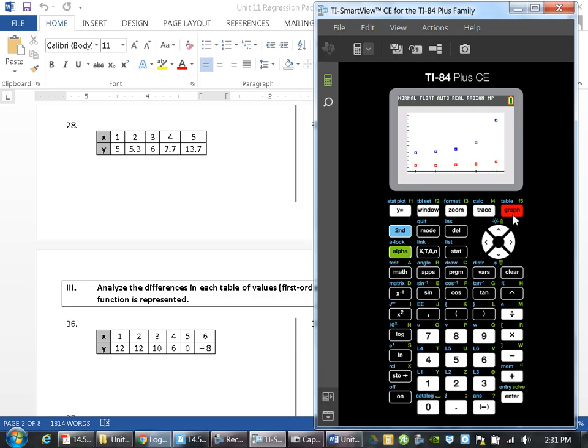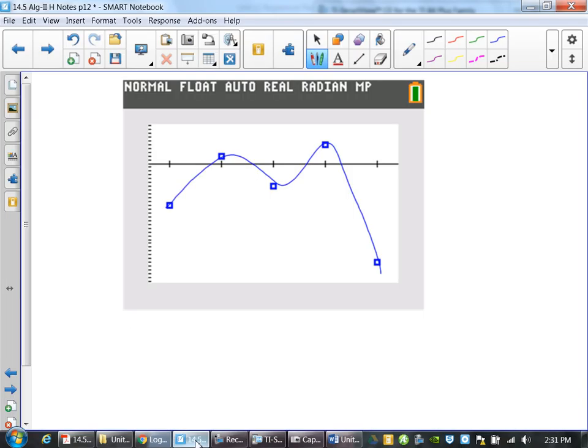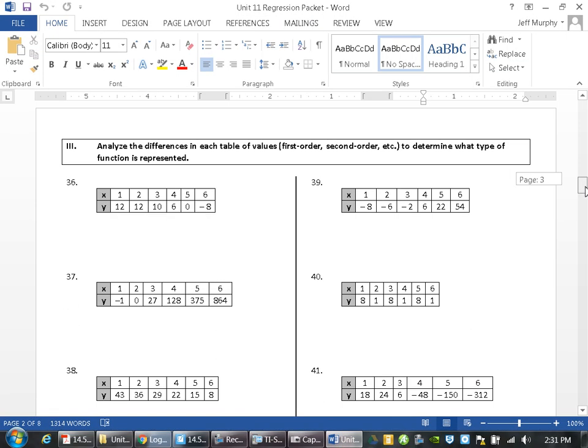Let's take a look at 36, and in 36 it's talking about use finite differences. What does first order, second order mean? First degree, second degree, third degree, fourth degree. That's when you're trying to find finite differences.